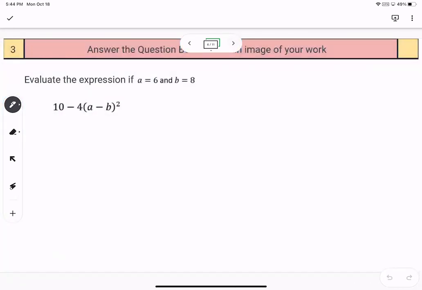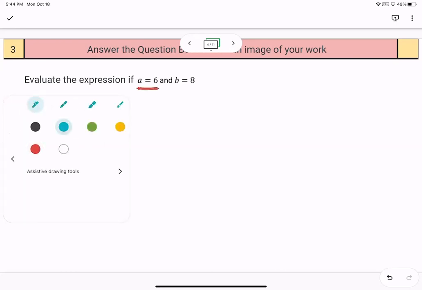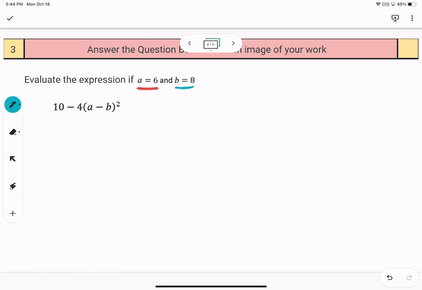Number 3, evaluate the expression if a equals 6 and b equals 8. Now, this one is very similar to the one we did in class today. So same thing, I'll do it in red, a is 6 and b is 8. So wherever we see a or b, we're going to plug in those values.